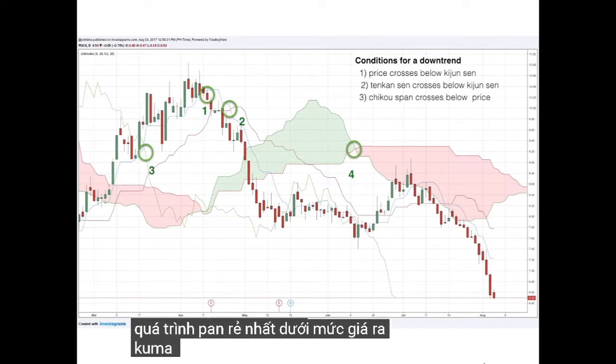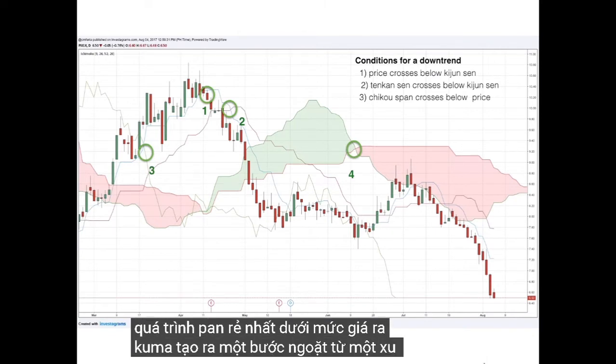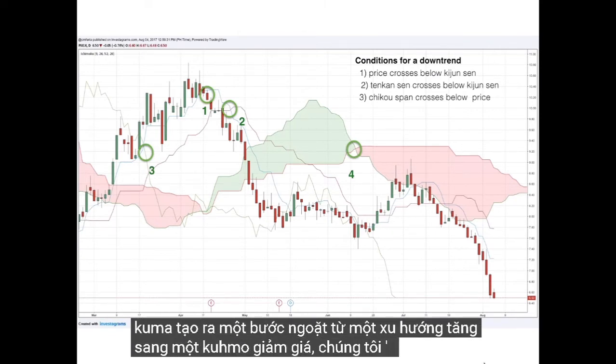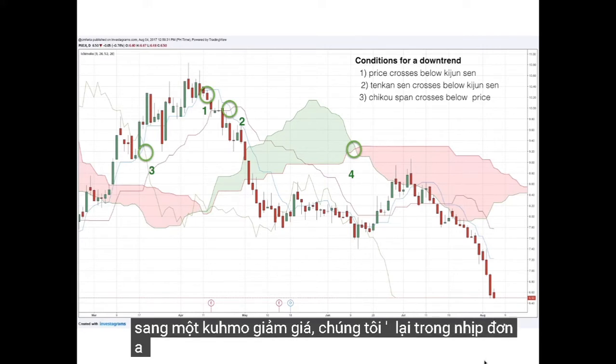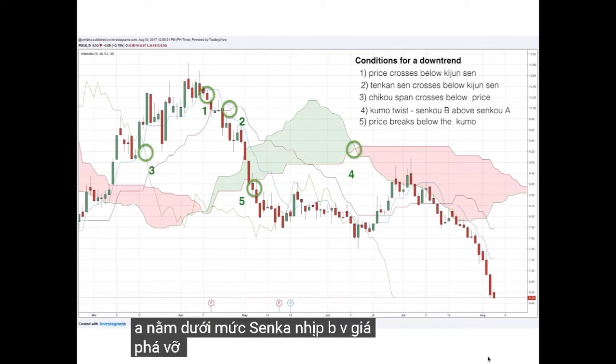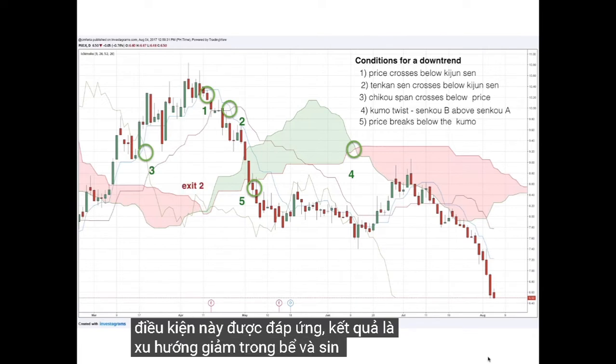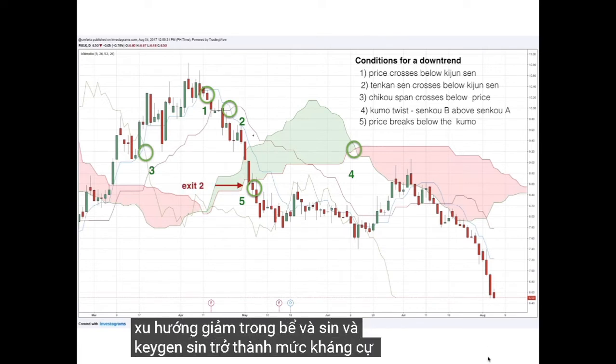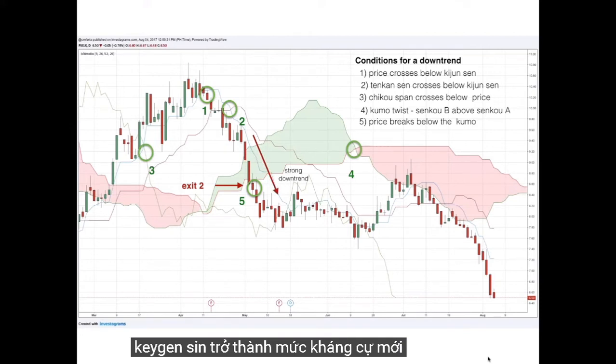Fourth, the Kumo makes a twist from a bullish Kumo to a bearish Kumo, wherein the Senkou span A is below the Senkou span B. Fifth, price breaks below the Kumo. Now, once all these conditions are met, the result is a downtrend, and the Tenkan-sen and the Kijun-sen become the new resistance levels.